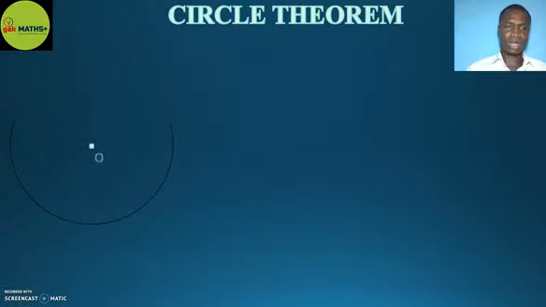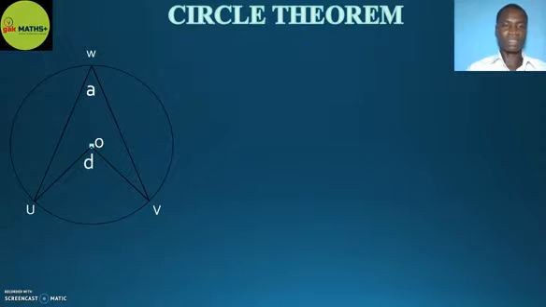So let's draw our circle with center O, then our shape. Let's label the angles at W and O as A and D. Now let's insert the triangles. We have our first triangle, then our second triangle.